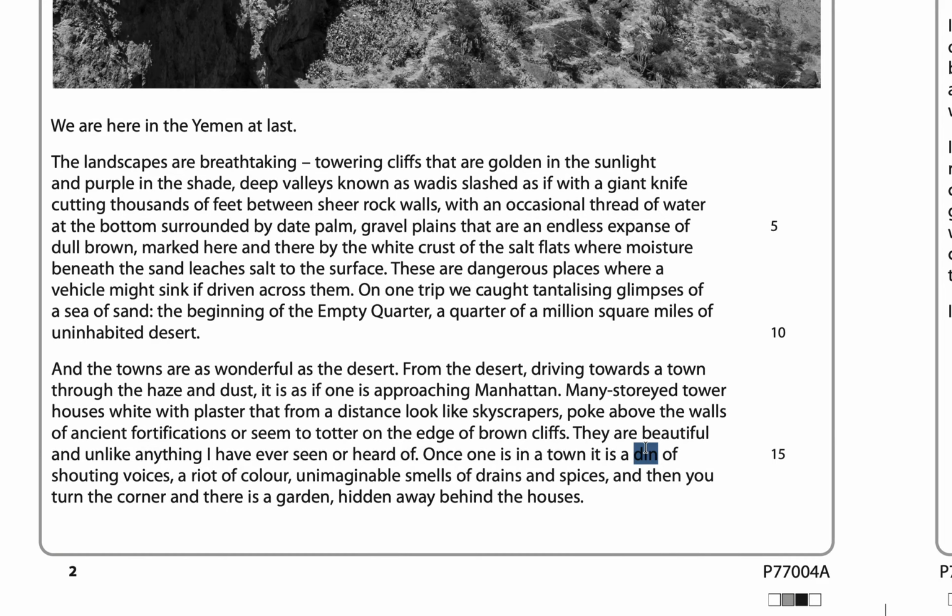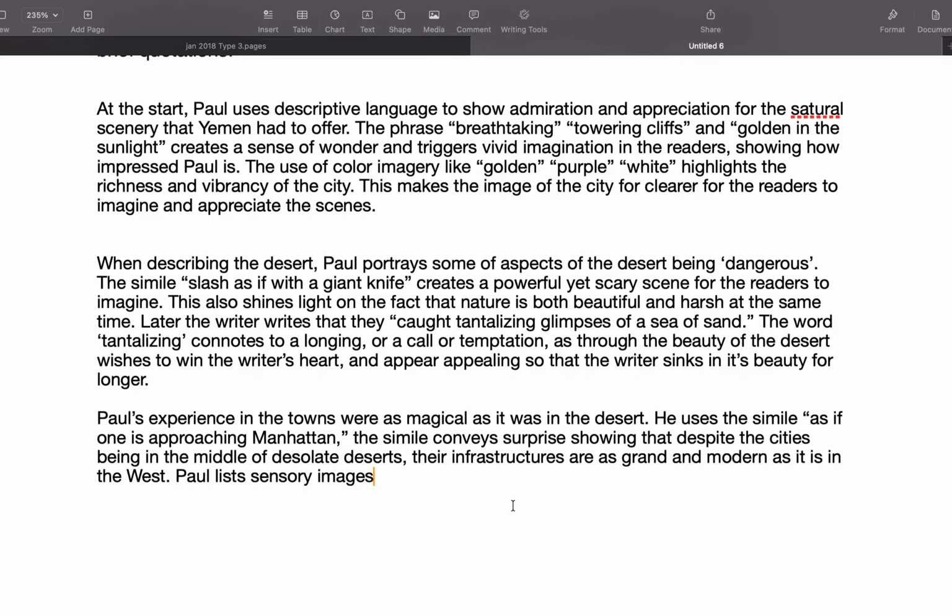They're words or phrases that give you that kind of information. So this is telling you how that place sounds, right? So sensory images, when he says a din of shouting voices. What else?